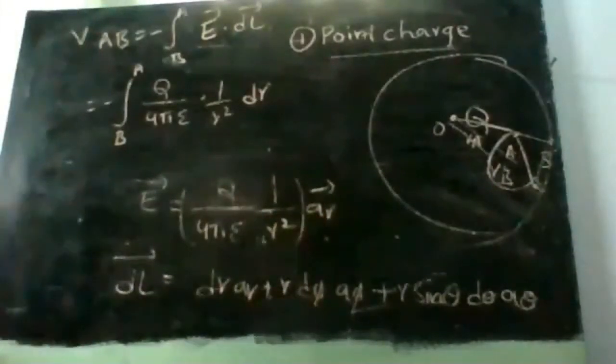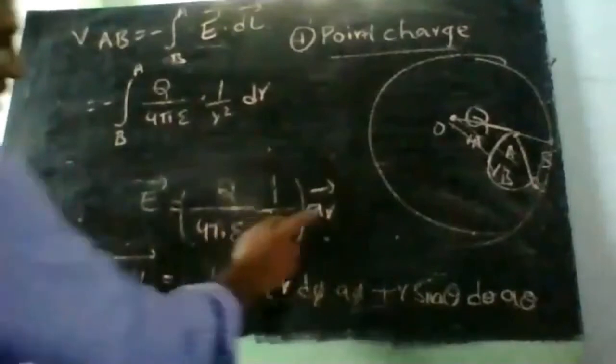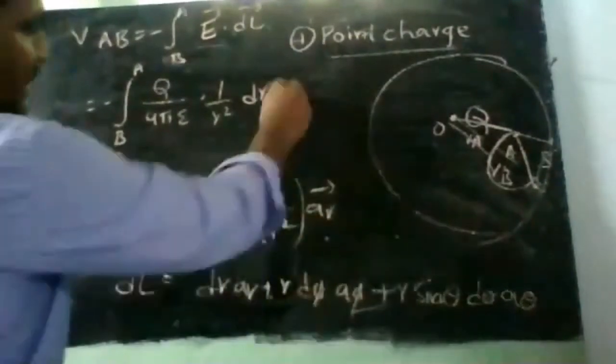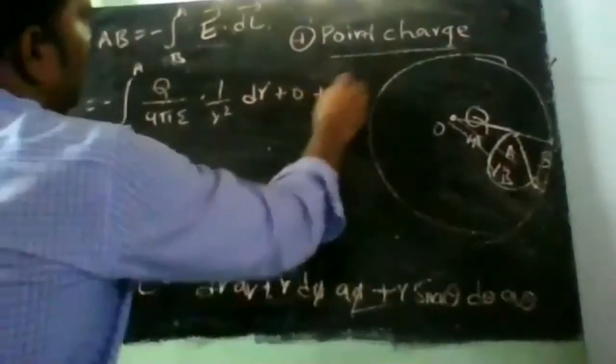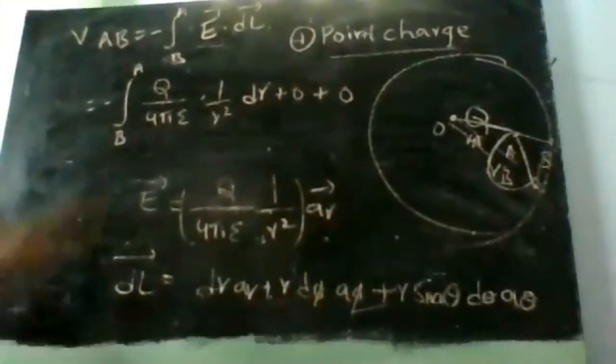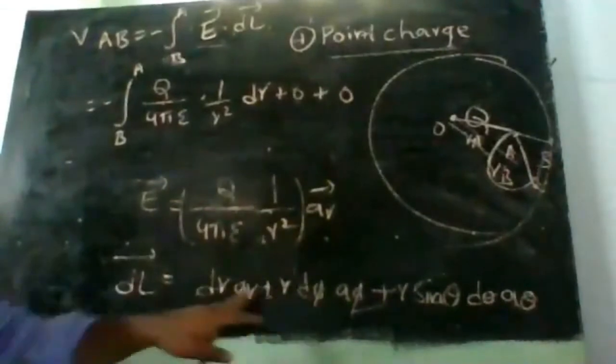We know that the product of unlike terms will be 0. And again AR dot A theta is also 0.